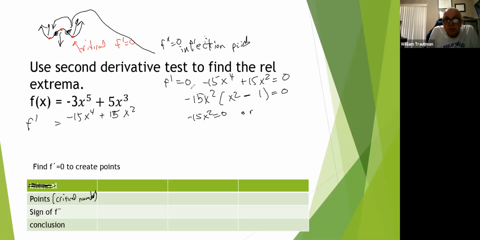I'm factoring out a negative 15, so this turns positive, and this one turns negative. So I get x squared minus 1 equals 0. Take the 1 to the other side, x squared equals 1. And then square root both sides, x equals 1. These are the critical numbers: x equals 0 and x equals 1.